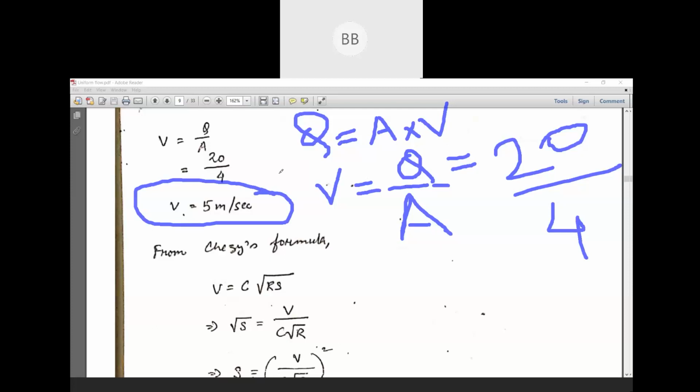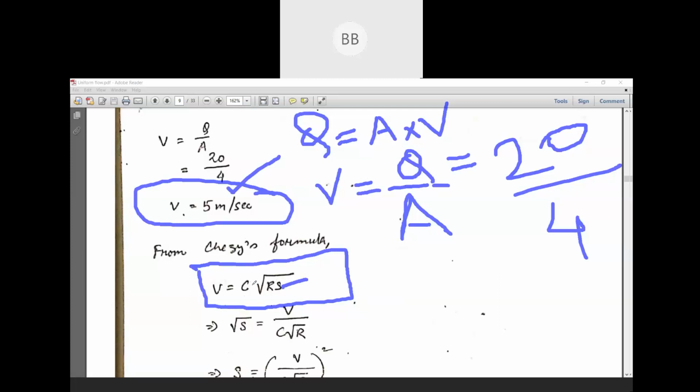Definitely, in the question Chezy's constant is given. So in this numerical we are going to use Chezy's equation. Chezy's equation is v equal to C root over R S, where S is your bed slope. So we need to find out this parameter. For this we need velocity, which we have already calculated, 5 meter per second.